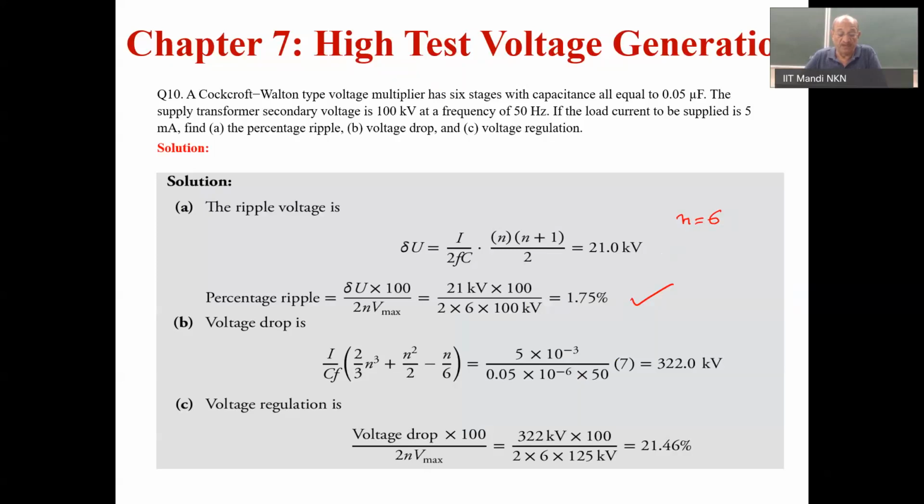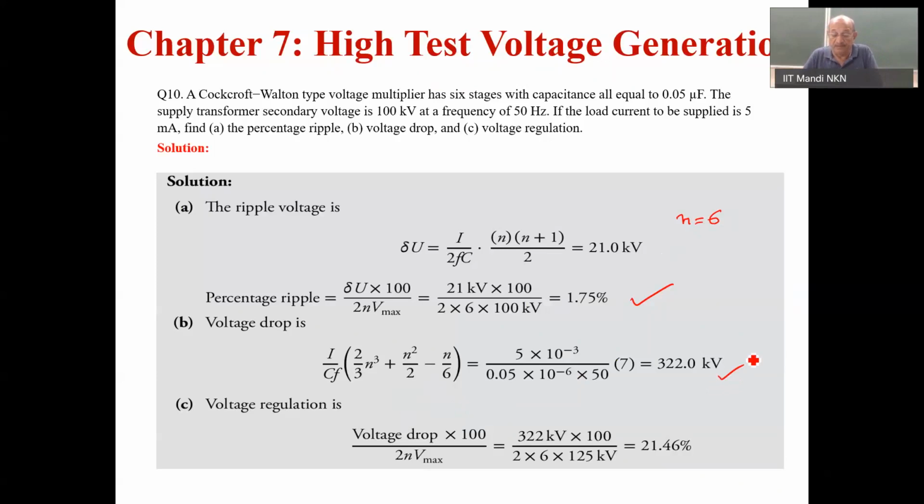You know, it is I upon CF, and for 6 stages, it will be 2 by 3 n cubed plus n squared by 2 minus n by 6. So the voltage drop works out to be of the order of 322 kV.